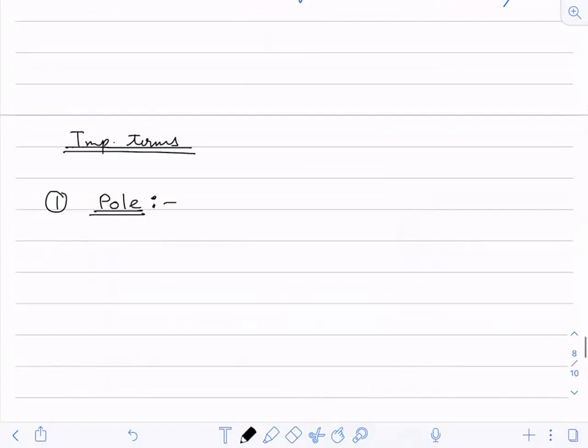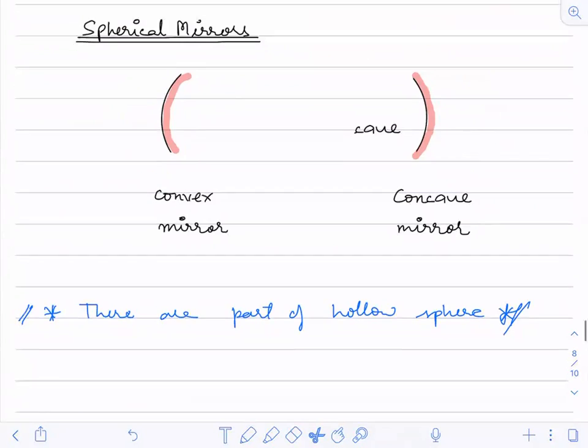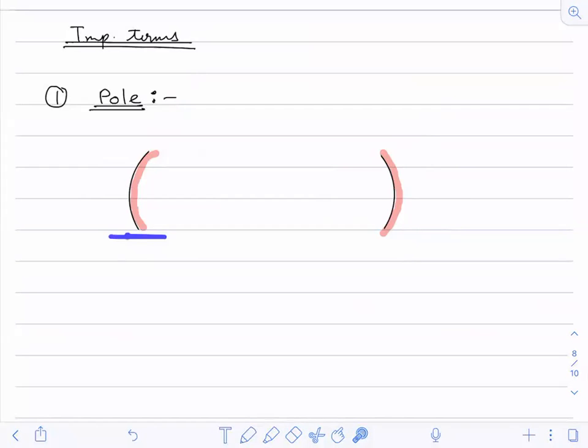What is pole? For that I'm copying these two figures. Pole is the middle part of the mirror. For this mirror, the pole is this part, and for the other one, it will be on this.